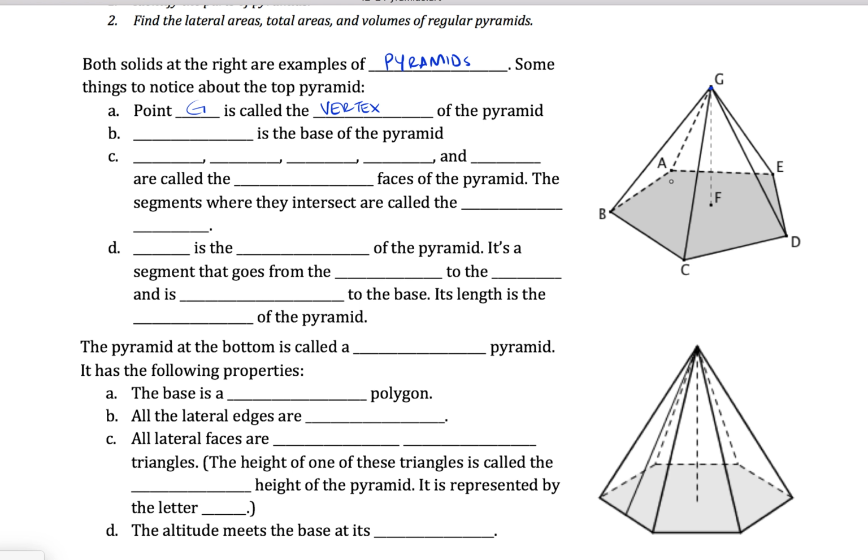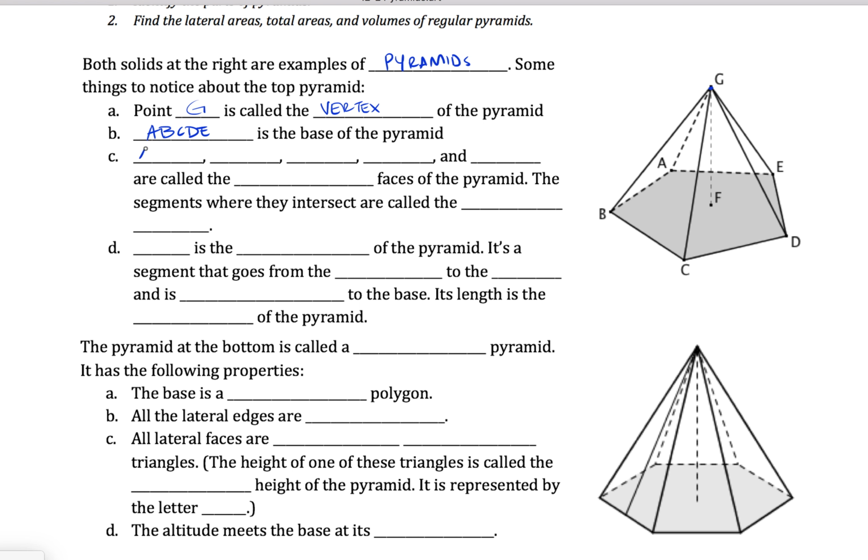Down here, we have this shaded polygon. It would be named ABCDE. That is considered the base of this pyramid. Now, going from the base up to the vertex, you can see we have a number of different triangles. All those triangles are called the lateral faces.